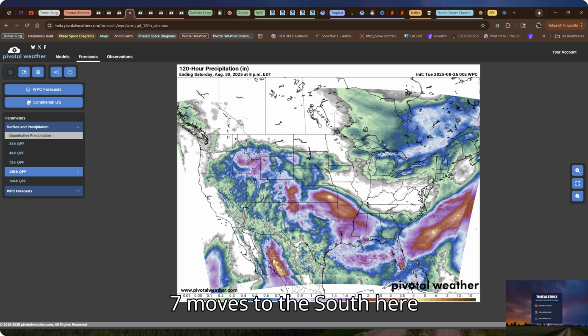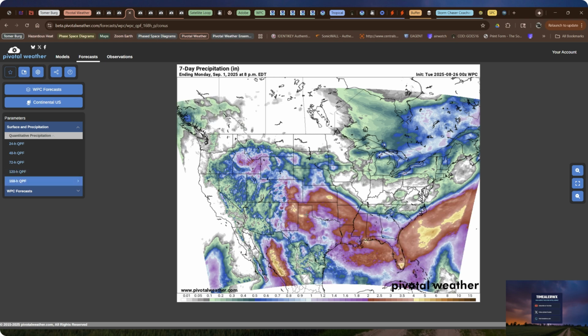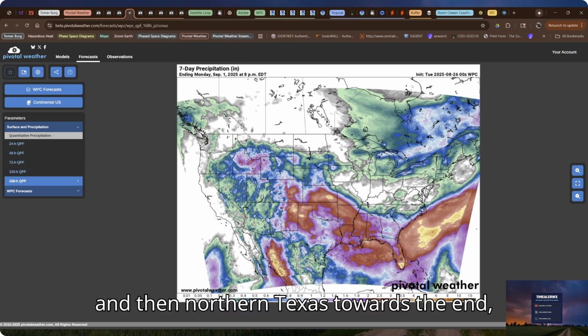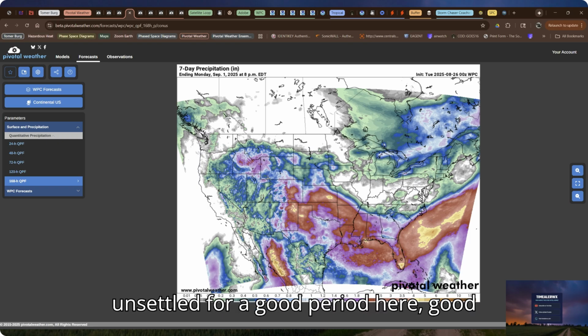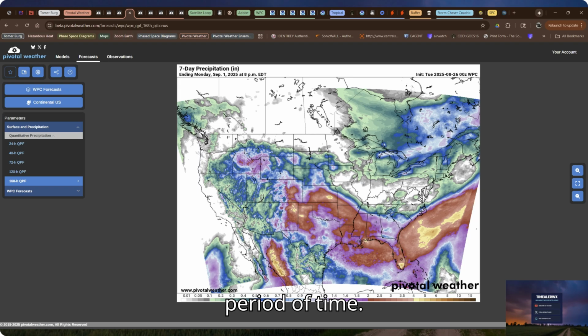So that moves to the south here, and then northern Texas towards the end. But likely remaining quite dry in the northeast. But all along here, it's going to get pretty unsettled for a good period of time.